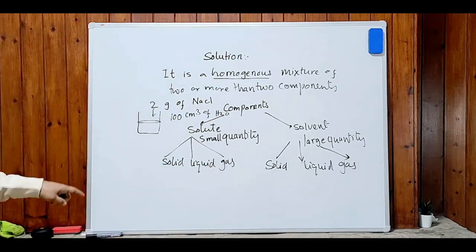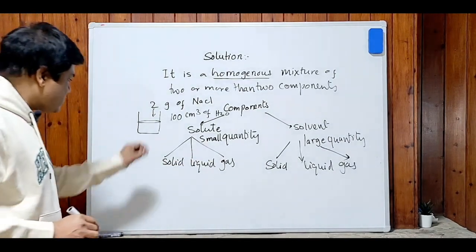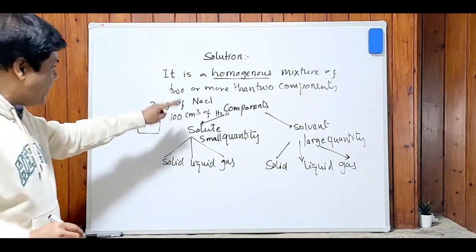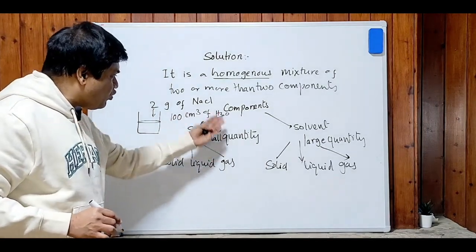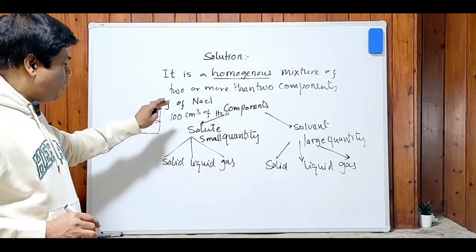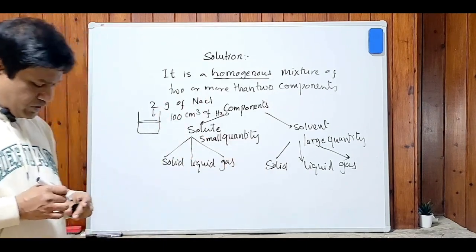Can you tell me which one is a solute, which one is a solvent? As I discussed, the small quantity would be a solute. So 2 grams of NaCl is my solute and 100 cm³ of water is my solvent. So solute would be in a small quantity and a solvent would be in a large quantity.